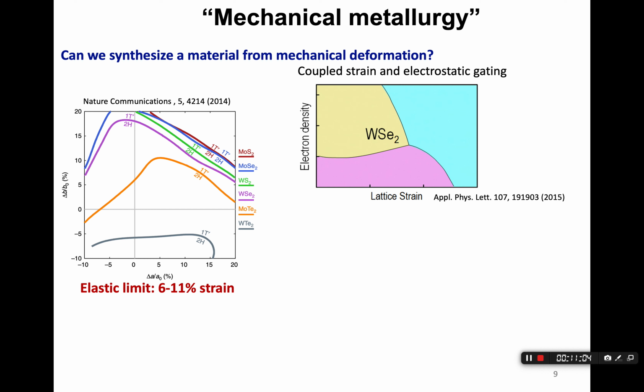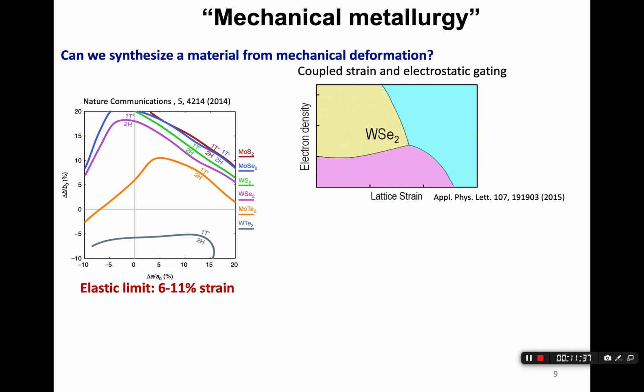You can clearly see that if you have no electron density, you need a very large strain, right? But the curve goes up, which indicates that when you have electron density, the critical strain you need is hugely decreased. I'm going to show you the real data and some detailed analysis in the next slides. So this is one way we can do it: electrostatic gating by adding more electrons into the material and stretching it.